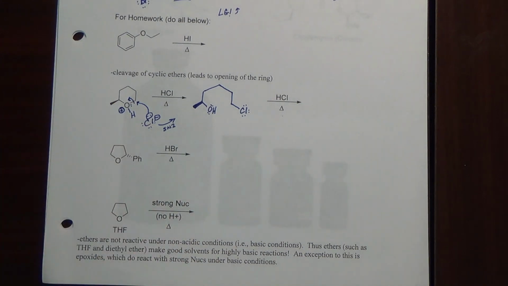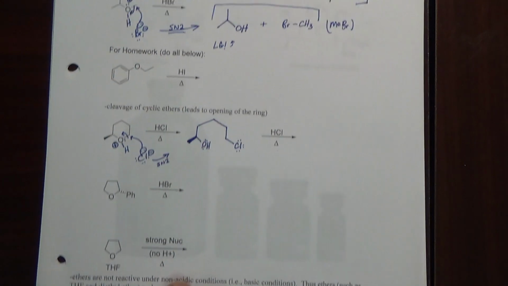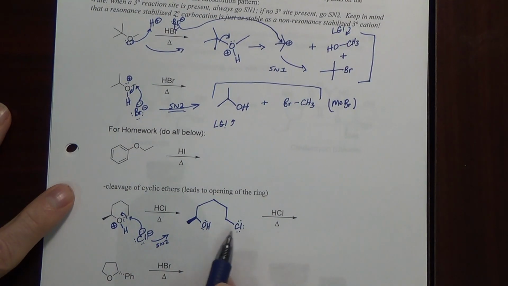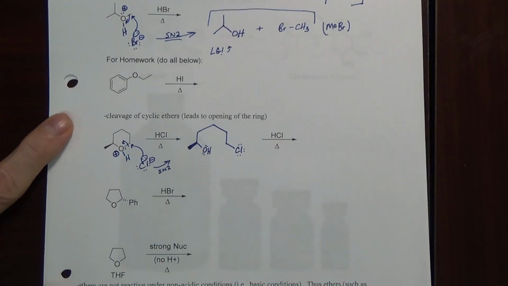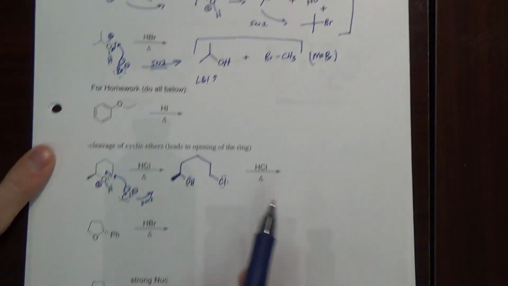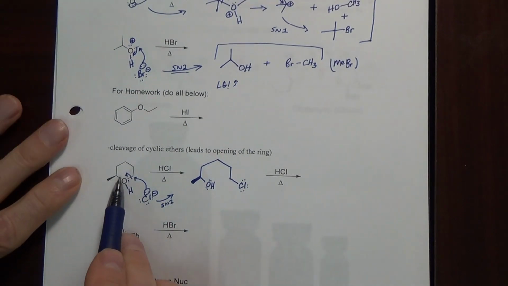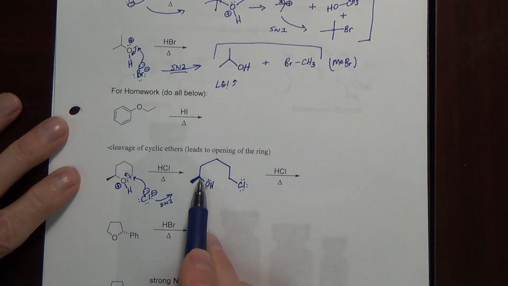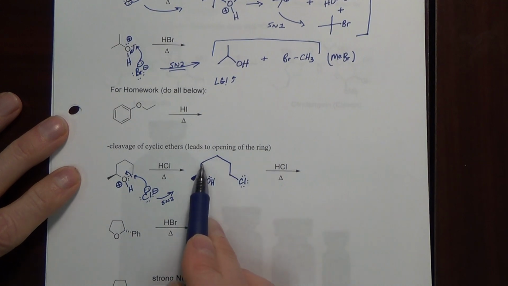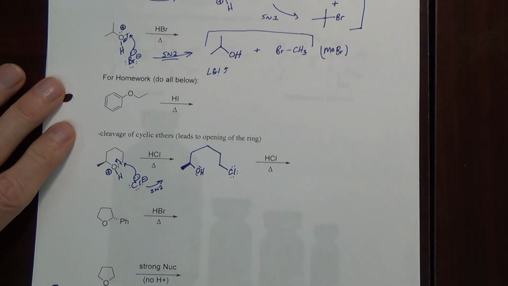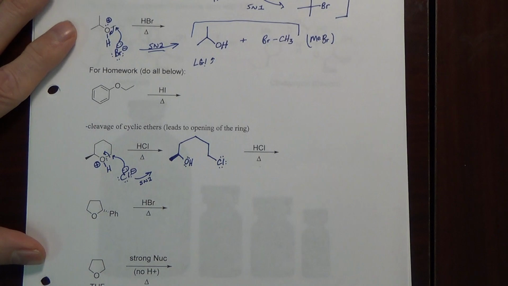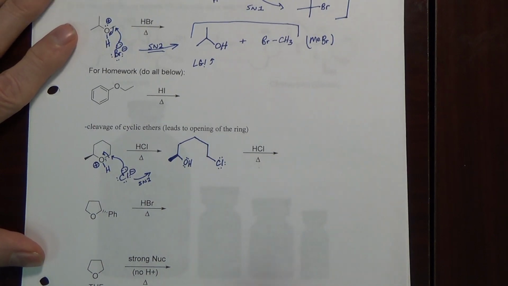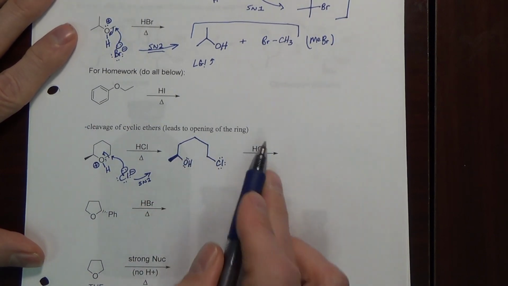It's no longer an ether. But the alcohol and the alkyl chloride are within the same molecule. We didn't make two different molecules like we made above because the original was in the ring. And so they remain bonded to each other up through here. Now let me ask, can this react again with HCl?